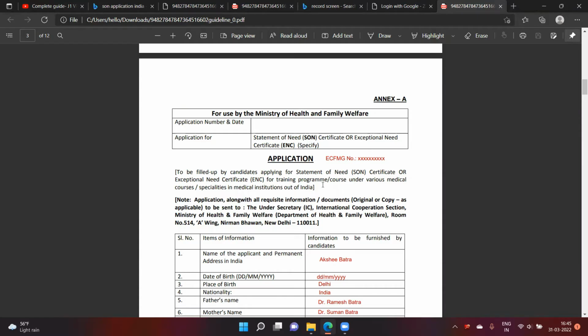There is no place in the whole SON to write your ECFMG number, but that is very important to get the final statement of need. I cannot emphasize this enough. Many people's SON got delayed because they didn't write their ECFMG number. So write it here and then go down.